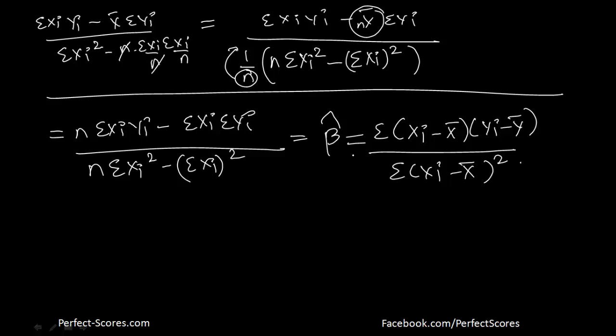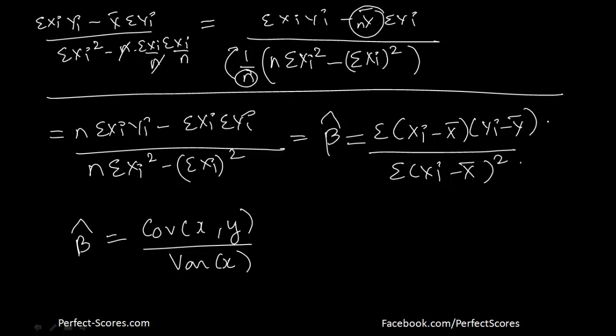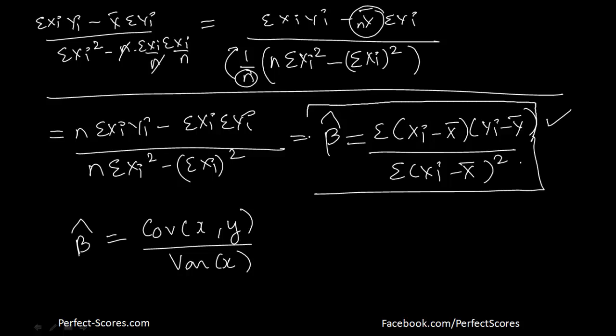So that's the value of beta hat. Beta hat here is nothing but the covariance of x and y divided by the variance of x. So this is the covariance of x and y, and this is the variance of x. This is the value of beta hat that we have here.